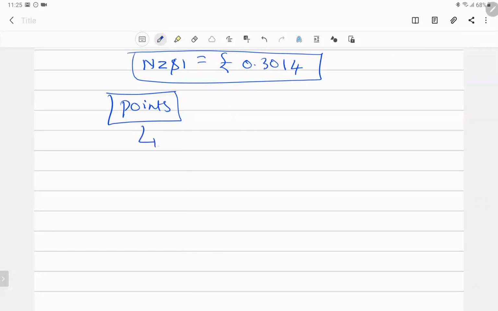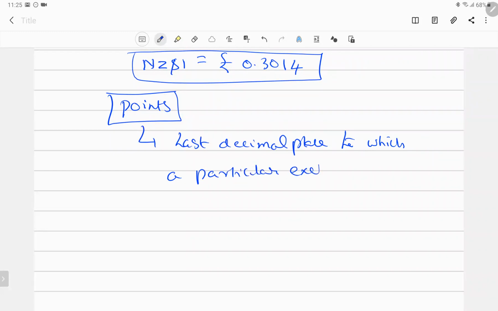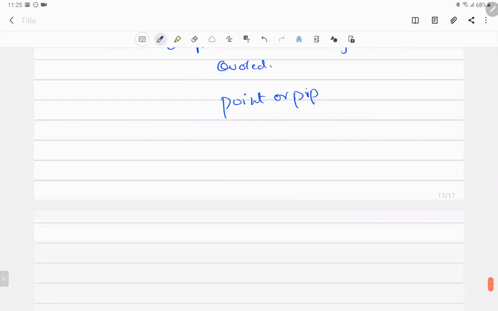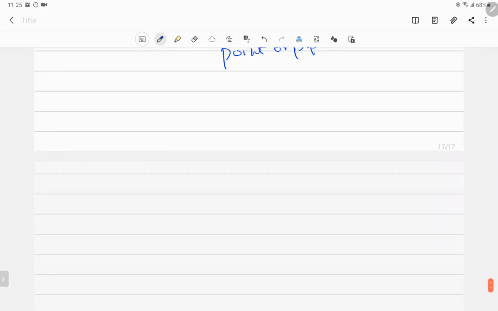To put it in a simpler way, the last decimal place to which a particular exchange rate is quoted is called a point or pip.